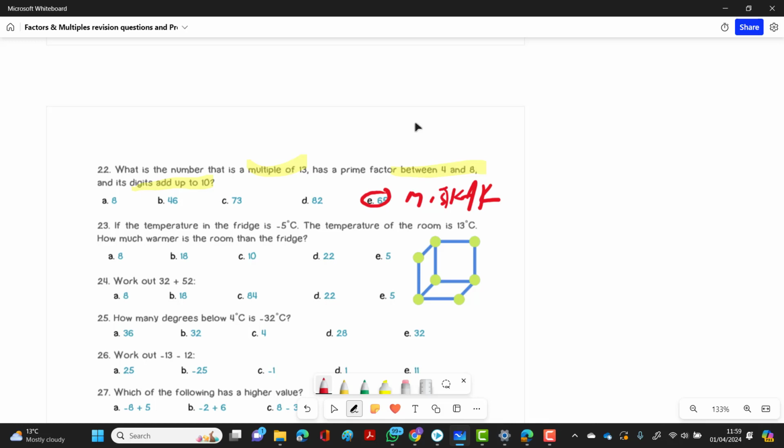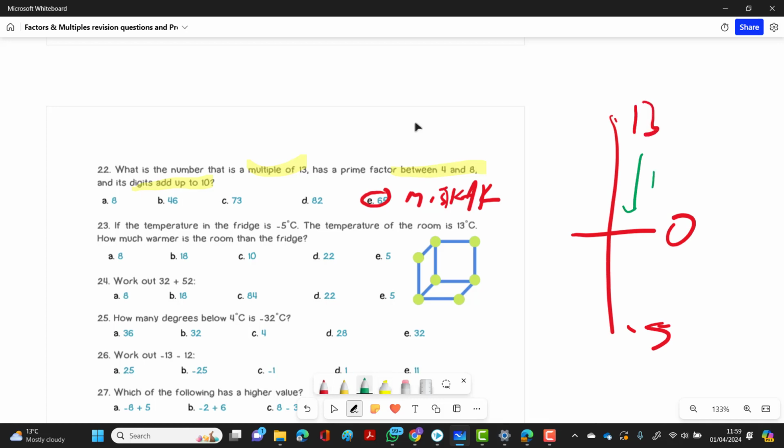So if you've got 0 here, -5 here, and 13 here. So to get to here, 13 plus another 5, that's 18. So 23 should be B. This really shouldn't be in this section, it should be in negative numbers. So that's 23.